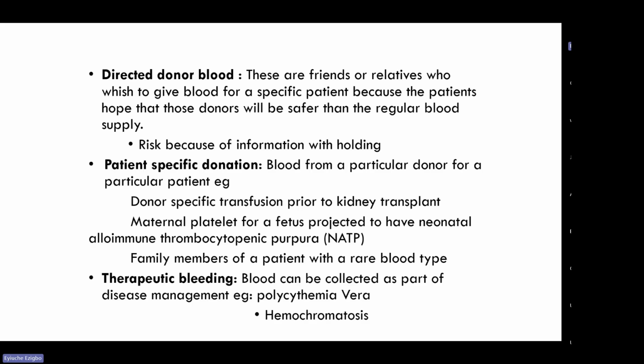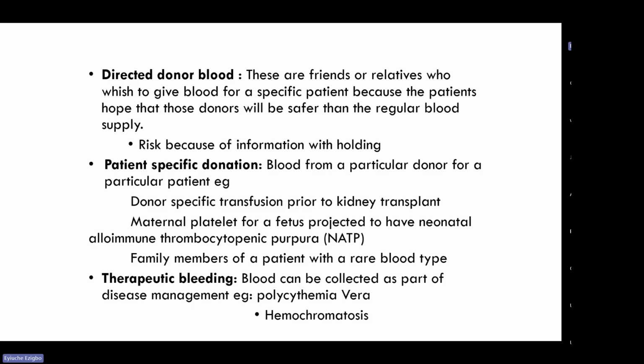Patient-specific donation, blood from a particular donor for a particular patient. For example, donor-specific transfusion prior to kidney transplants. Maternal platelets for a fetus projected to have neonatal alloimmune thrombocytopenic purpura. Family members of a patient with a rare blood type.